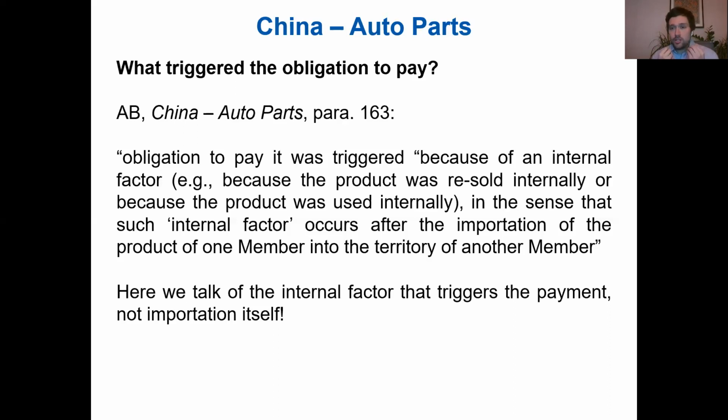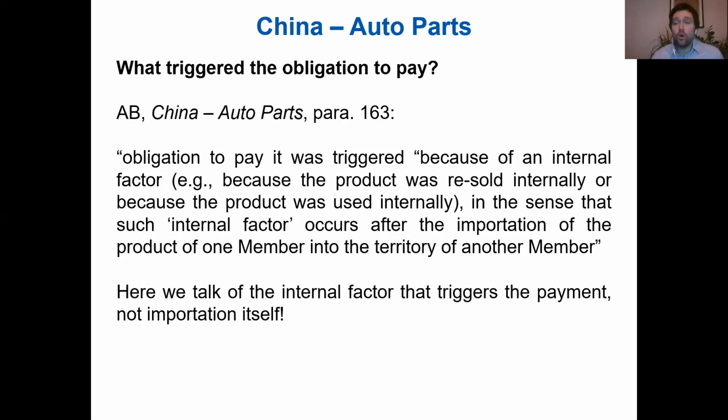So it is not the fact of importation that matters, or the moment when the product pays that matters. Important is the reason for this payment. Important is the ground for this payment. Important is the triggering event of this payment. So here we talk of the internal factor that triggered the payment, the assembly and the reselling as a finished product, and not the importation itself.